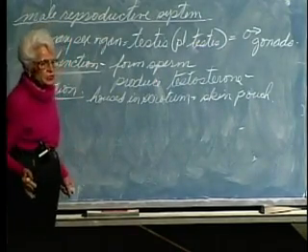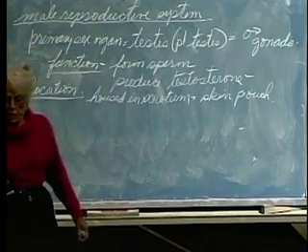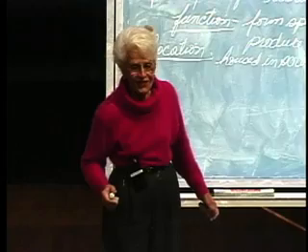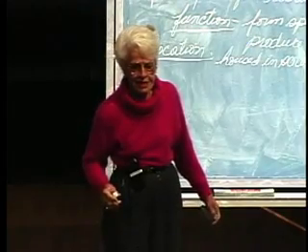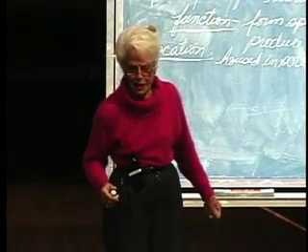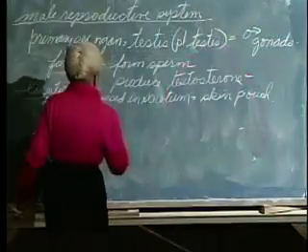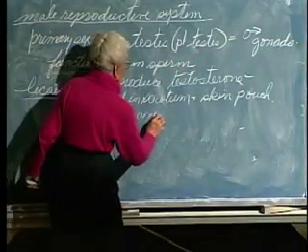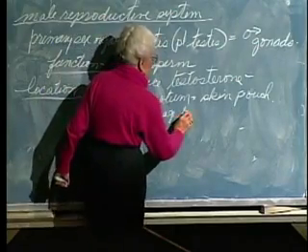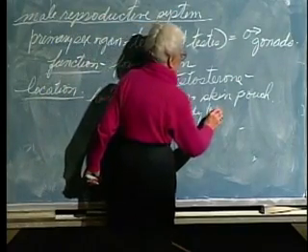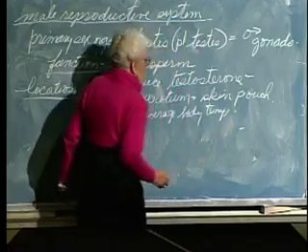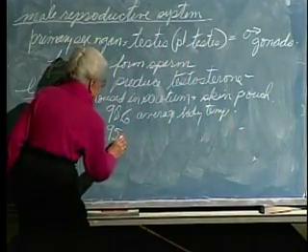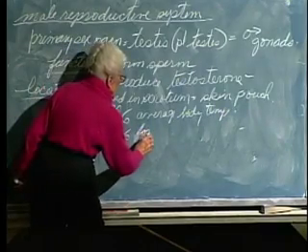What's your body temperature on the average? 98.6. Do you know your body temperature? No? Have you ever had it taken? Some have, some haven't. 98.6 is average body temperature. And the testes prefer it 3 degrees cooler, 95.6 for the testis.